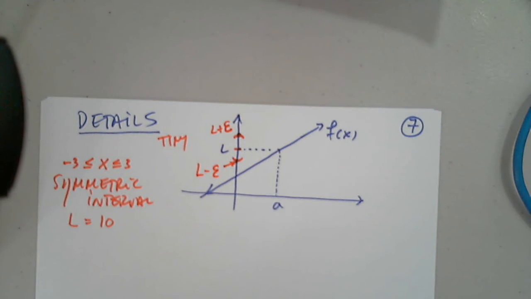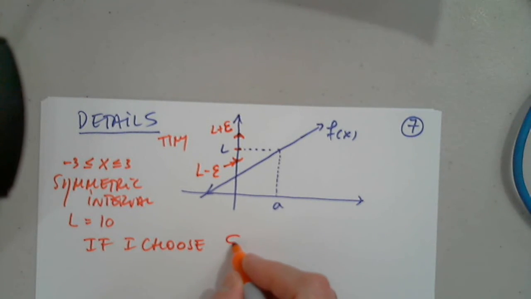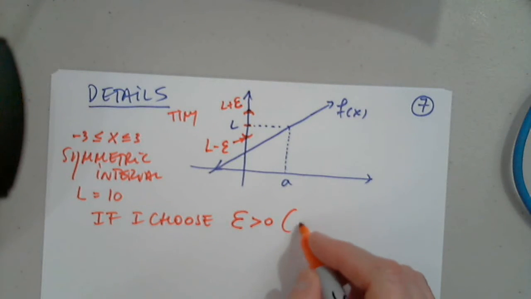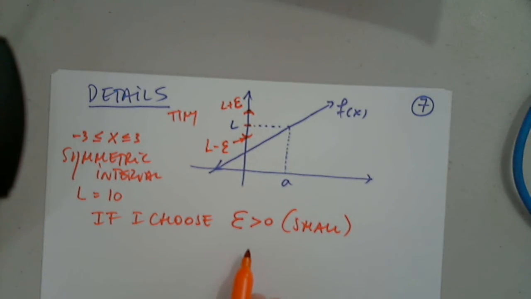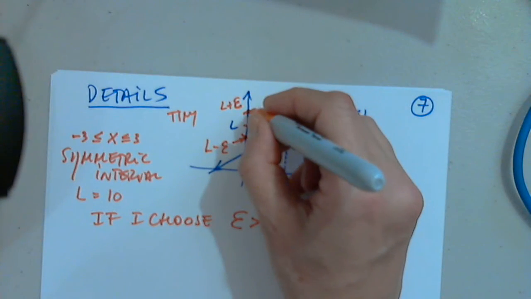Obviously, sure. So if I choose epsilon positive, a small number, not 5, not 10, like 0.1 or 0.01 or 0.2. If I choose that, look what happens.